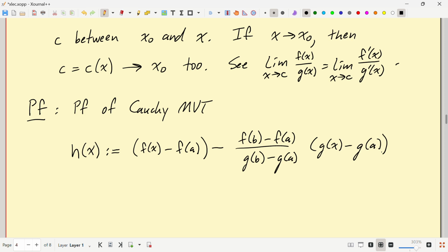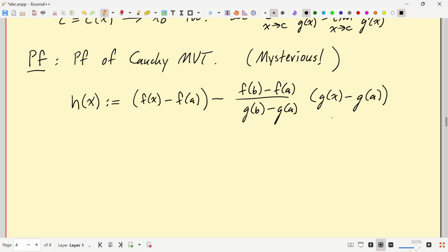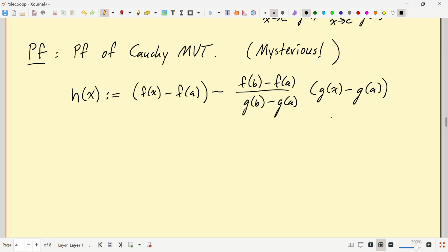So the proof of Cauchy, I would say it's mysterious. But nothing's really mysterious in math. Cauchy sat around and thought about it a long time, obviously, and had some inspiration somehow to cook up this function. And this function satisfies the conditions of Rolle's theorem. Notice that h of a is 0, and h of b is 0.